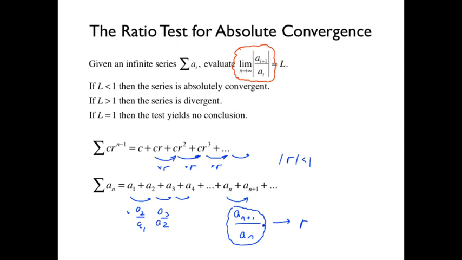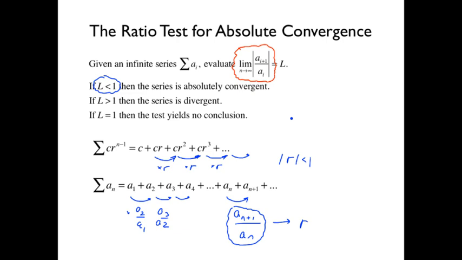We want that ratio to become like a geometric series such that the ratio is between -1 and 1. So it's taking the principle of a geometric series and saying, it doesn't have to be geometric, but what if it turns into a geometric series? If it turns into one in the long run, then the same rule would apply. If this ratio gets closer and closer to a number between -1 and 1, then we can say it converges absolutely.